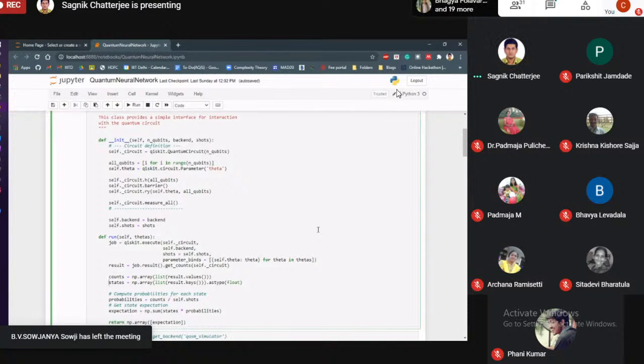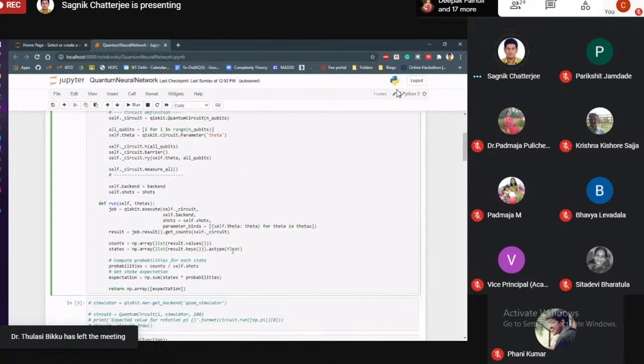In the QAI case, the states array were the strings signifying the matchings, and the counts were the number of times our backend simulated those strings. Then we compute the probability by dividing the counts by the total number of shots, and we calculate the expectation using the states and the probability, and we return this.